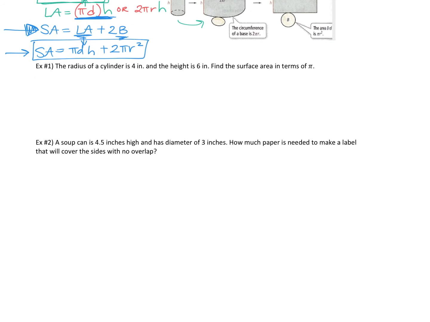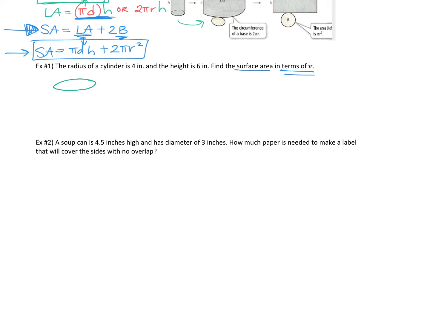So example 1 here, it says the radius of a cylinder is 4 and the height is 6. Find the surface area in terms of pi. So your answers are going to have pi in them, right? In terms of pi means leave the pi. If I were you, I would draw a picture. You don't have to. Some of you probably don't need to, but I think a picture is helpful, so I'm going to draw a picture.